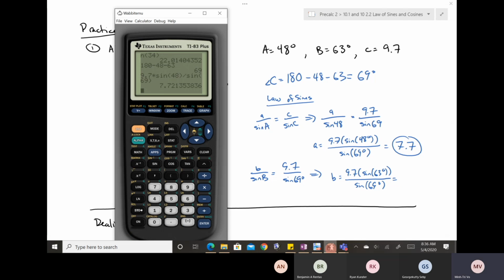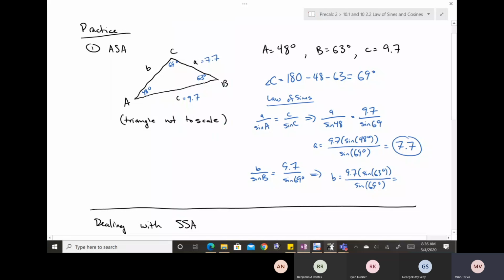So what do we get for B? We get about 9.26, about 9.3. Okay, so side B is equal to 9.3.